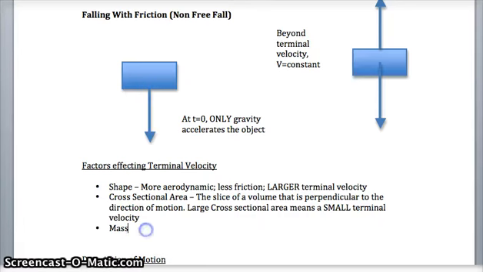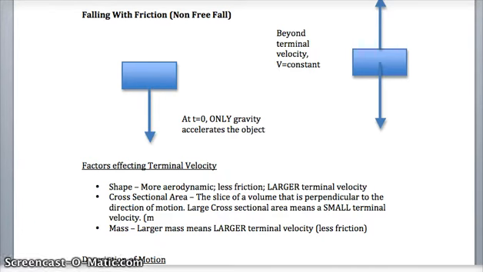And with mass, basically because a more massive object takes longer for the force of friction to catch up and to become as strong as gravity, larger mass means larger terminal velocity. That is, less friction. The larger cross-sectional area means more friction. All of these are logical, so they're nice to think about.